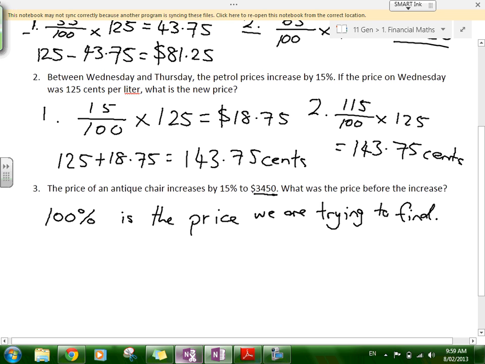So we're trying to find what 100% is in dollars. How many percent of the original is 3,450? Yeah, it's 115, because after you've added the 15% on, you get this 3,450.